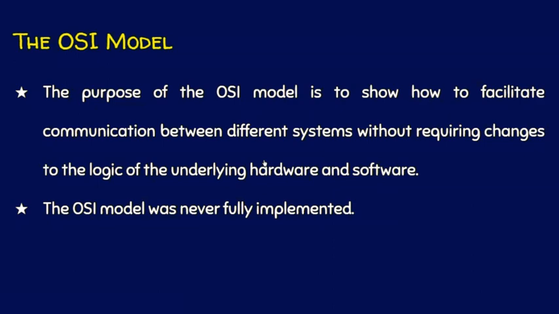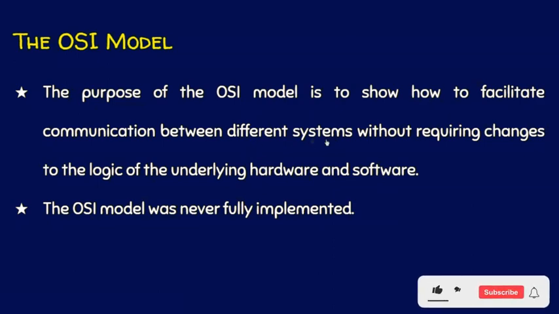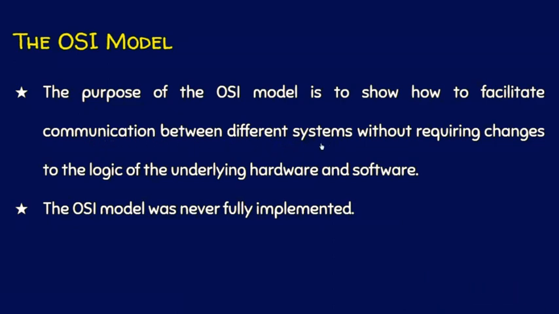The purpose of the OSI model is to show how to facilitate communication between different systems without requiring changes to the logic of the underlying hardware and software. If it is very lengthy, just listen to this. If there are 2 different systems that want to communicate with each other, for example one running the Windows operating system and another running the Linux operating system, our protocols should convert the data in such a way that any operating system should understand that data.